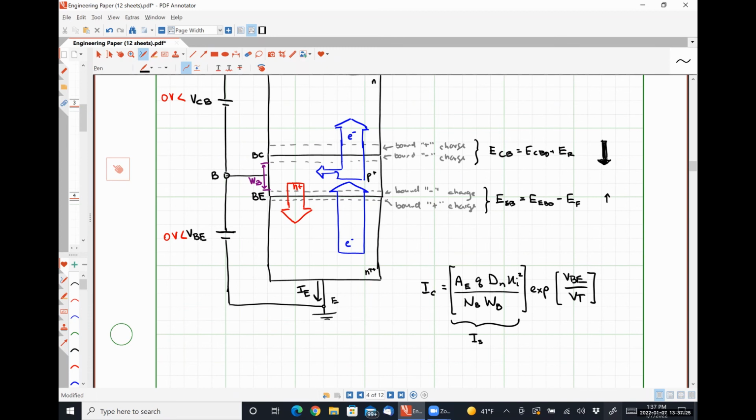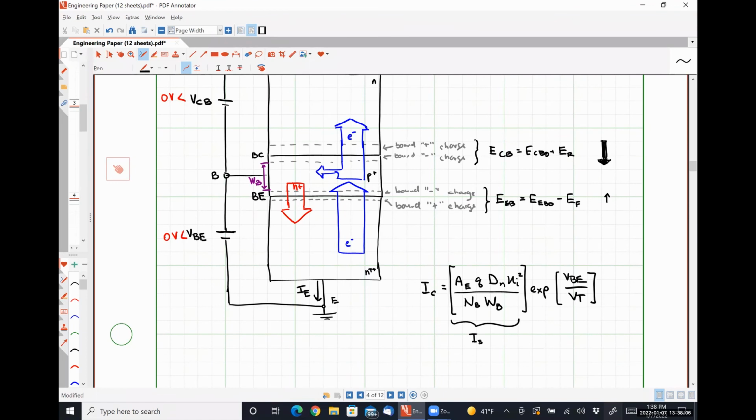Because the size of this depletion region is going to expand, which lowers WB, which in turn causes this quantity IS to increase, which forces our collector current to increase. This is what's called the early effect. Okay, we're going to talk much more about this in a couple of days. So you don't need to actually write any of this down yet. I just wanted to explain what's going on here and why our assumption that WB is constant is actually incorrect. It's going to make the math easy for describing what's going on, but it's not entirely true.